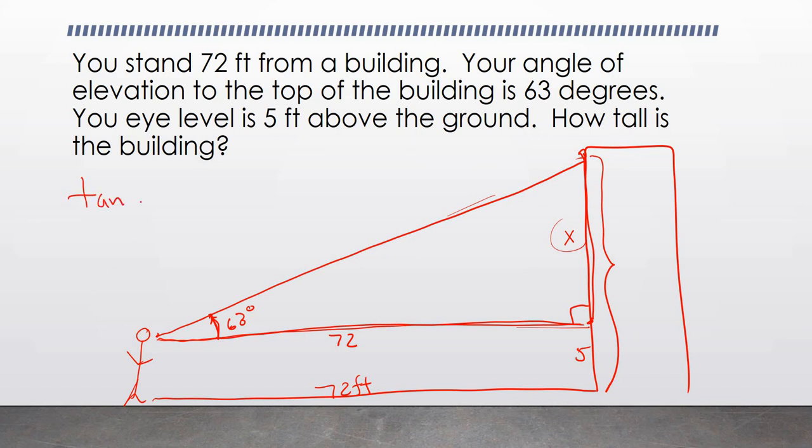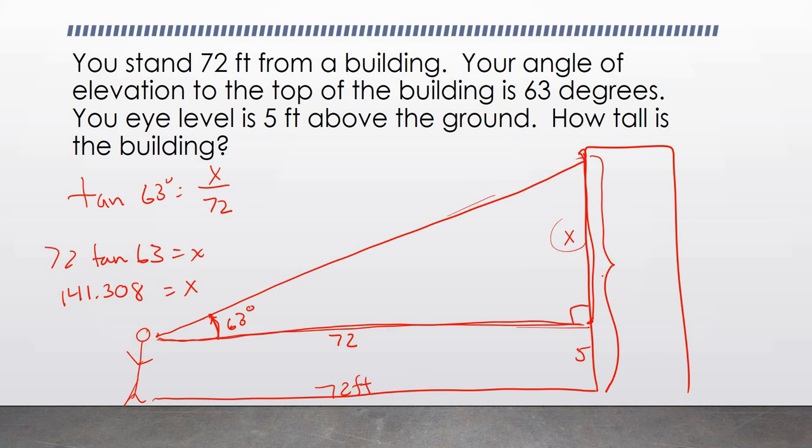So the tangent of 63 degrees equals the opposite over the adjacent side. So 72 tan of 63 is x. Using your calculators, 72 times the tan of 63, make sure you're using degrees, equals 141.308 feet.